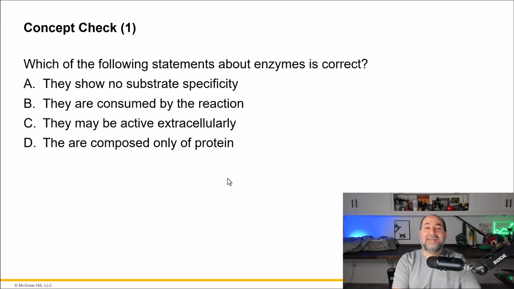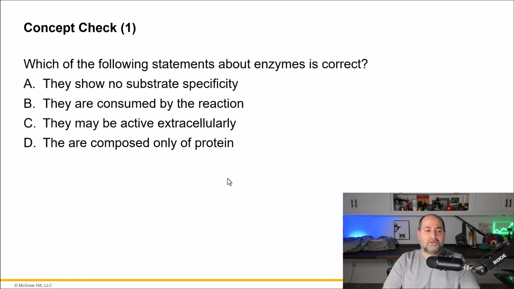No, remember, enzymes catalyze reactions without getting consumed by the reaction. C, they may be active extracellularly. That's true. Remember, there's a whole class of enzymes called exoenzymes, and they're designed to work outside of the cell. That's what extracellularly means. So it should be C.